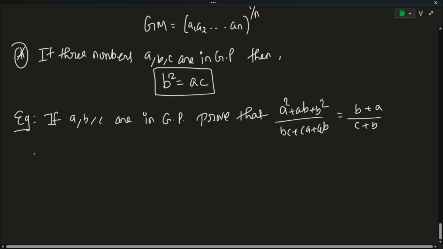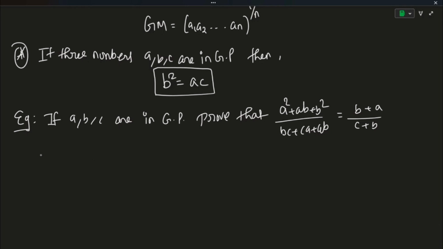Okay. So firstly, since these are in GP, we know that B square is equals to AC. ठीक है, आप इसको ऐसे लिख सकते हो, if you consider R is the common ratio, then B is going to be AR and C is going to be AR squared, and obviously A is A. Why? Since this is in GP.